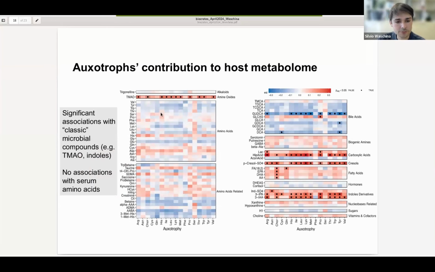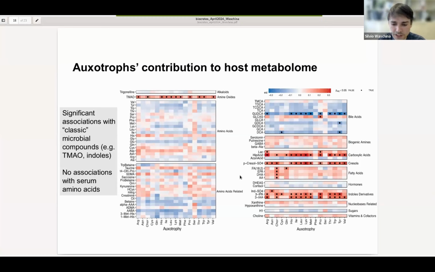First of all, in the metabolome data set that we generated with the Biocrates kits, we surprisingly did not see any associations between auxotrophy frequencies in the gut microbiome and the serum levels of amino acids. There can be many reasons for this, but maybe it already tells us that amino acids from the host are not very frequently the source of amino acids for the auxotrophic microorganisms that reside in the gut.